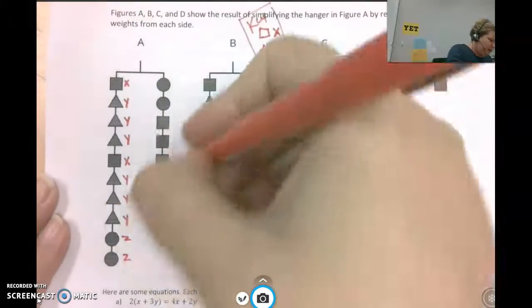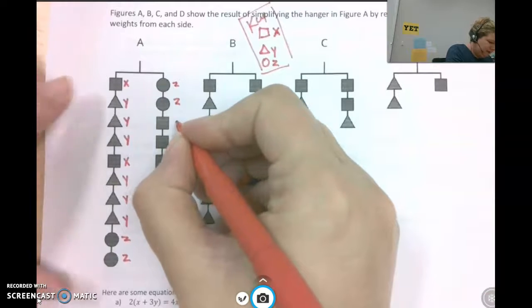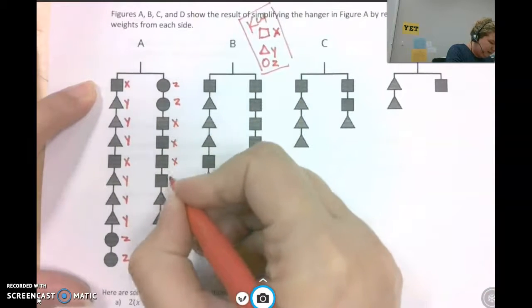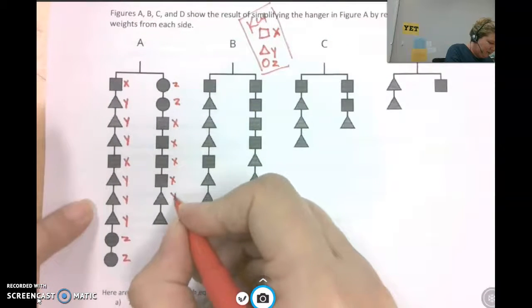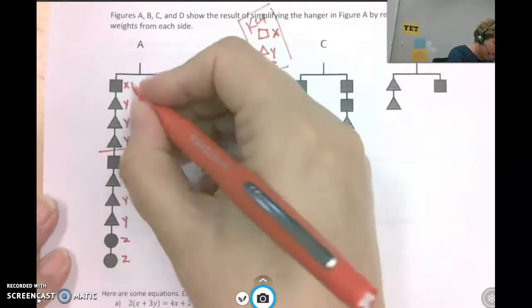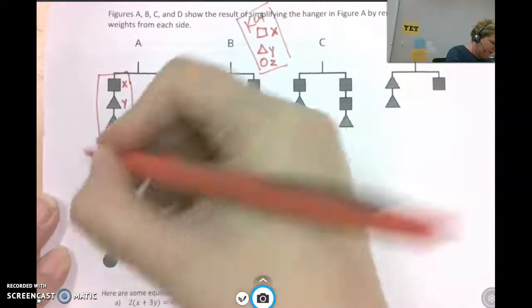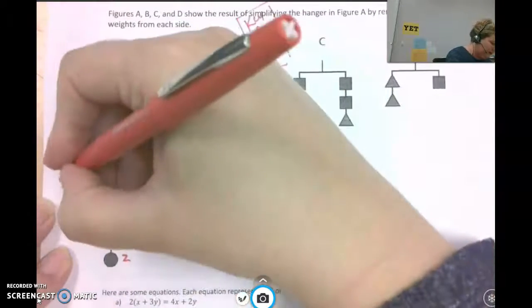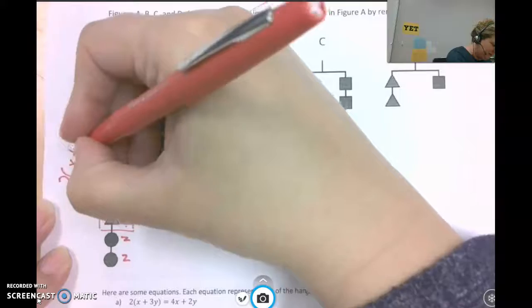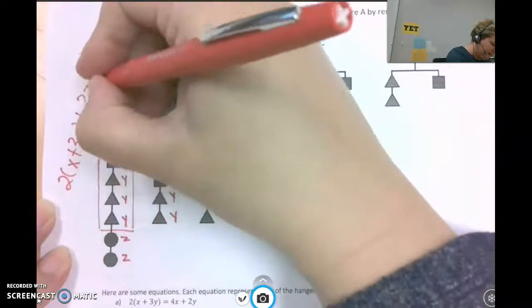So, on this side, I would have Z, Z, X, X, X, X, Y, Y. It looks like this is repeated. So I have two sets of X plus 3 Y's, and then I have 2 extra Z's.